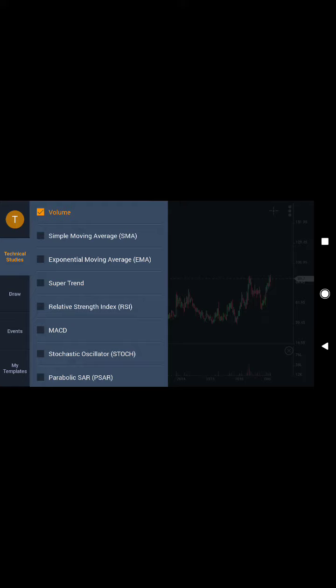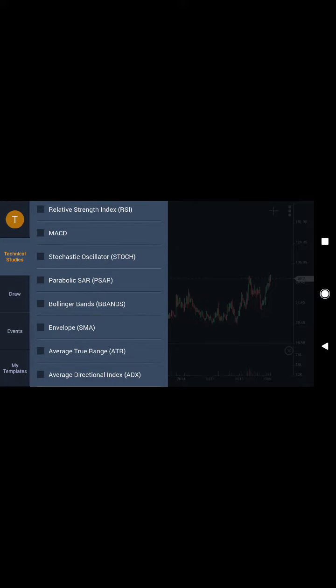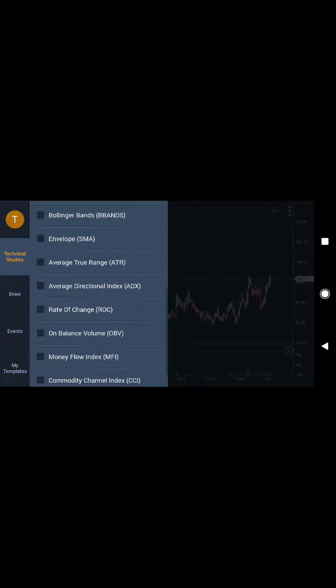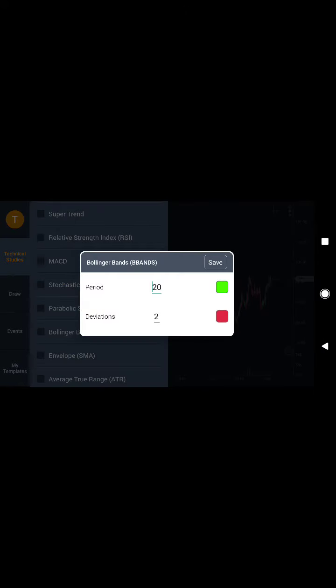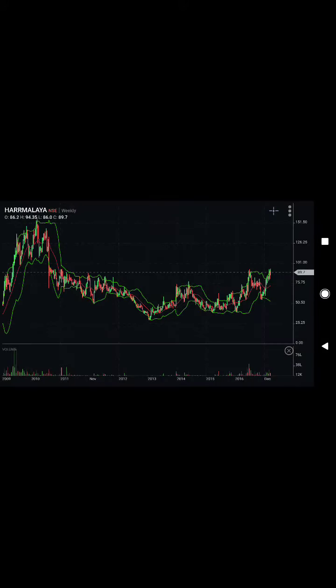Just a trend line breakout will work most of the time. In this trending market, the rest of the indicators I don't follow. I never tried them. This Bollinger Bands also, I don't understand what they are, and I don't know how to apply them.